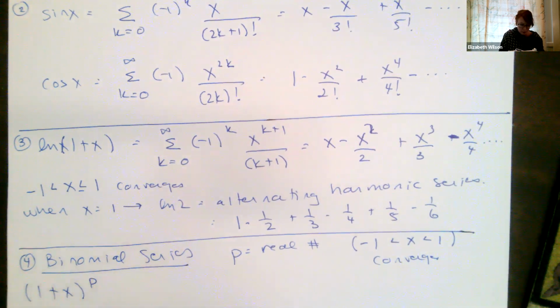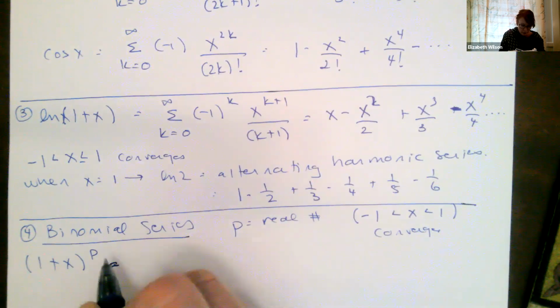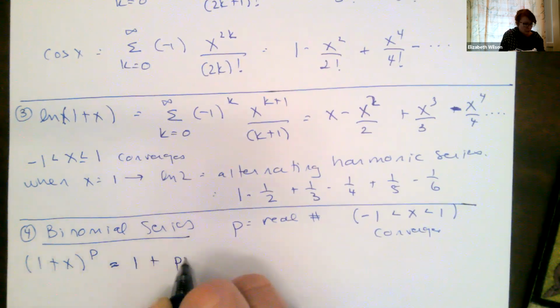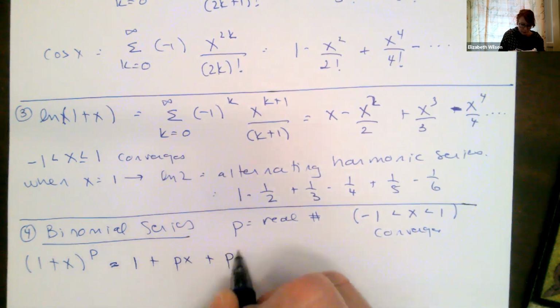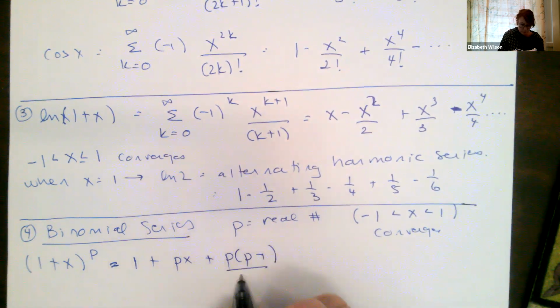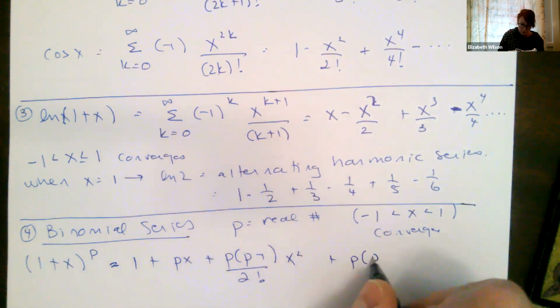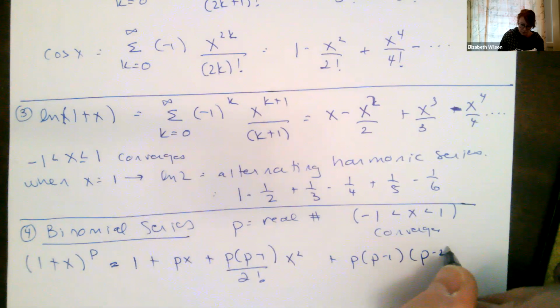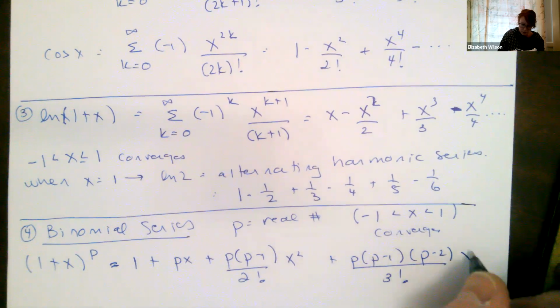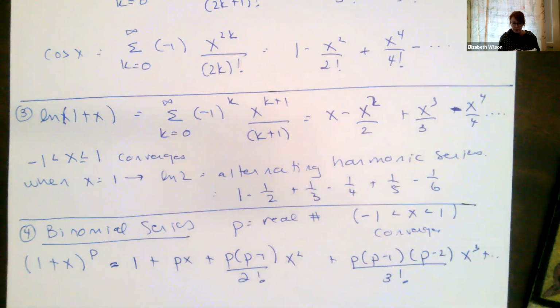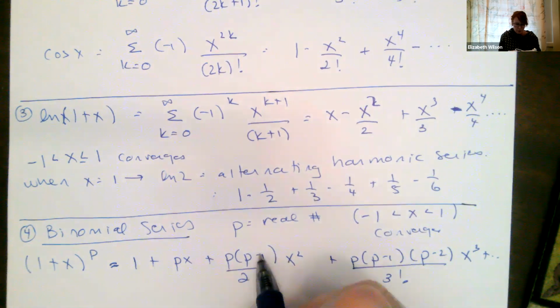The Maclaurin for this is equal to, I'll enumerate it. I didn't do the summation form for it, sorry. 1 plus px, and so on. All I'm doing is, this is the Maclaurin for this right here.